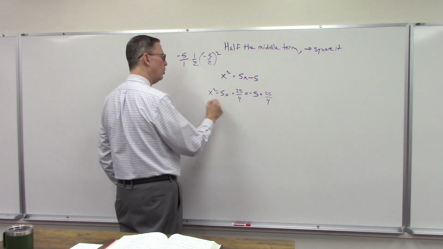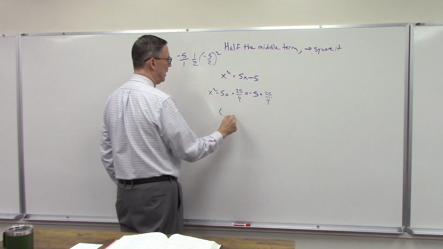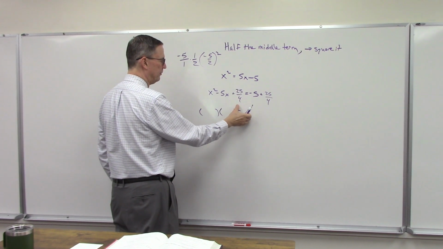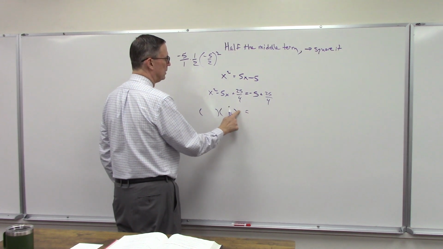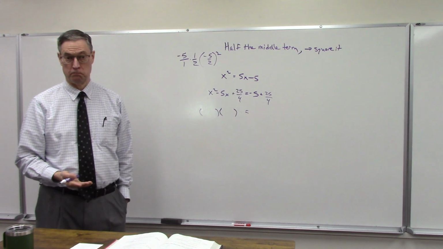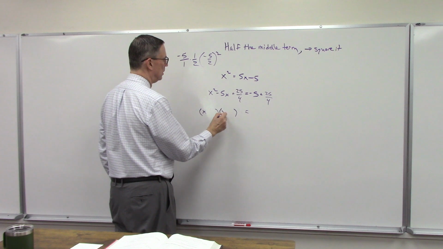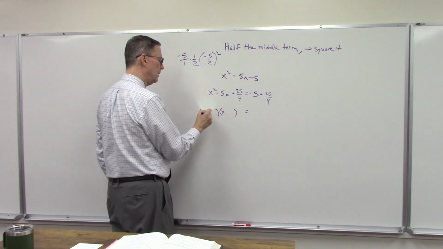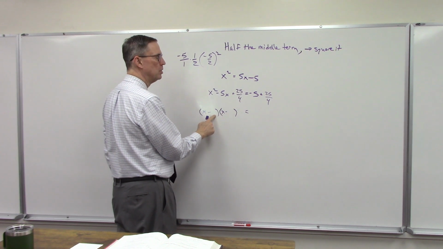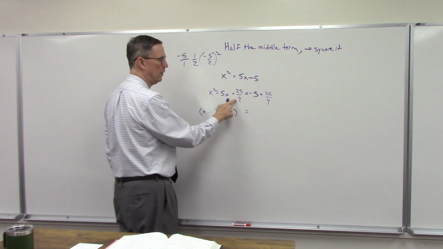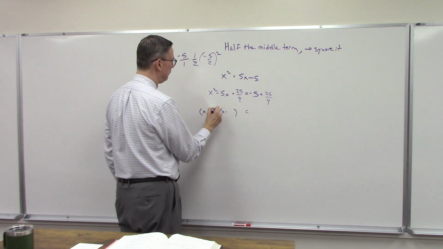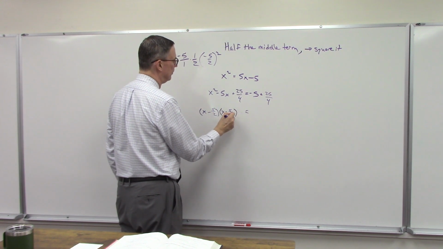Now the whole goal of doing this is I want to end up with a quantity squared. Well, let me write it this way first. So what's going to go in the front of these two parentheses? X, right? Good. And then because this is a negative, I know I'm going to do a minus here. What fraction times itself equals 25 fourths? 5 over 4? Or 5 over 2? 5 over 2, good. 5 over 2, 5 over 2.